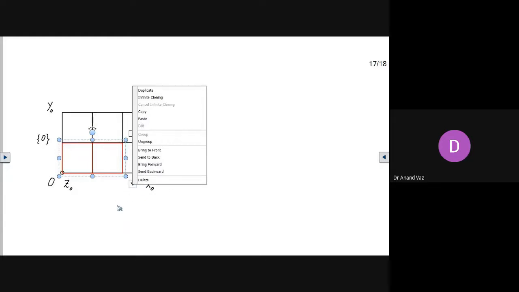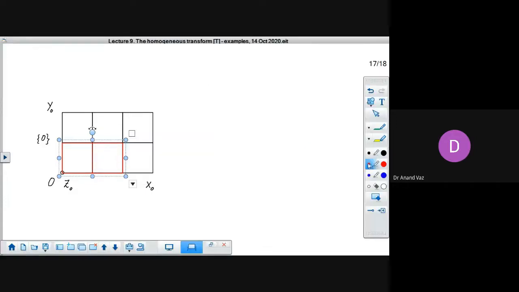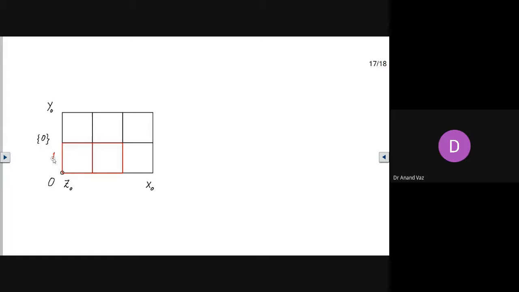But this frame, let's say it's frame 1. So this is the frame 1, this is the x-axis of the frame 1 and the y-axis of the frame 1.